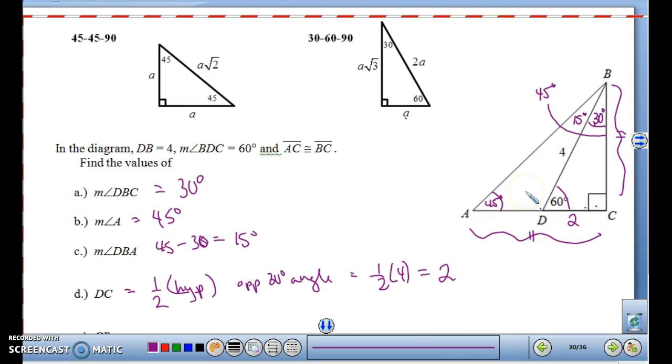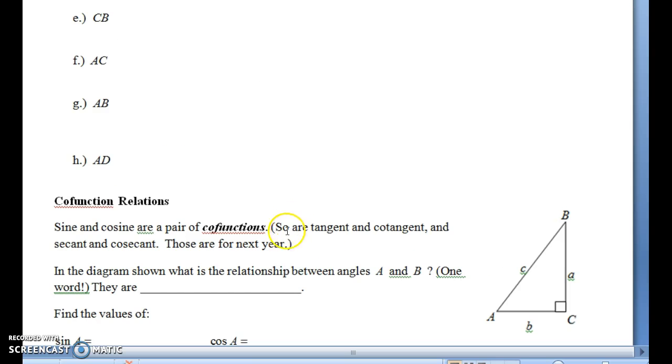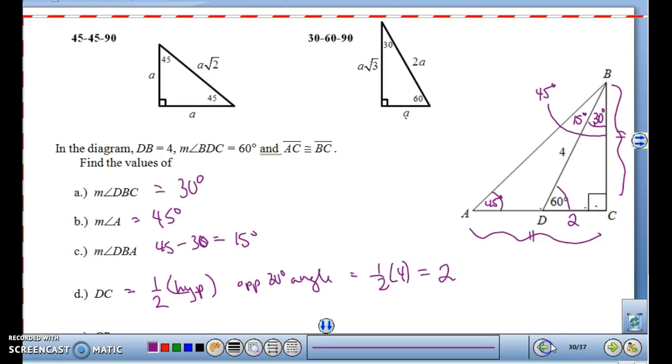Now let's see if we can do some more. The next thing that we want to find is CB. So if I flip back to my picture here, CB is this side right here. Now remember that if this is part of the right triangle, this side is opposite the 60-degree angle. So the pattern for opposite the 60-degree angle is whatever the shorter leg is times the square root of 3.